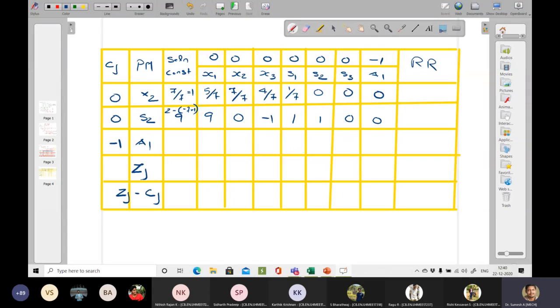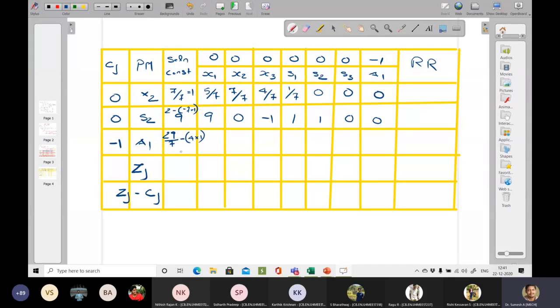0 and 0. So the old value is 29 by 7 minus the intersecting element in the previous table. It is 4, and the reduced element is 1 over here. So 4 into 1.